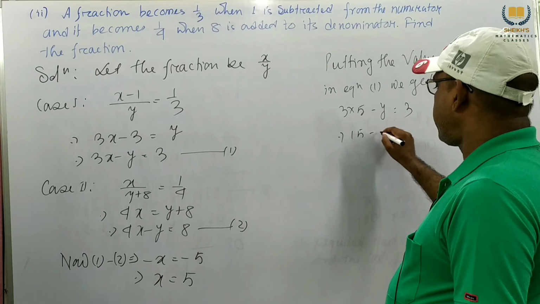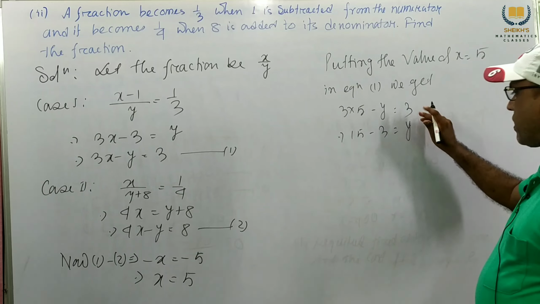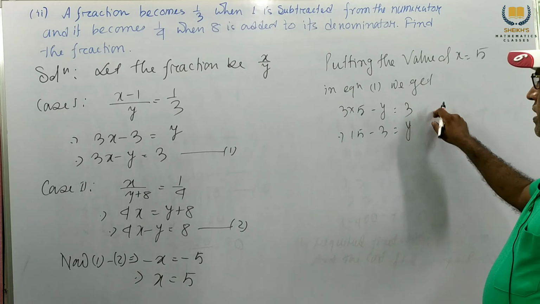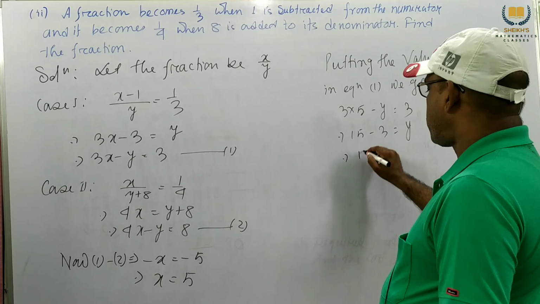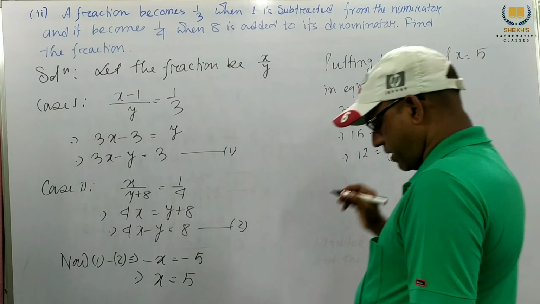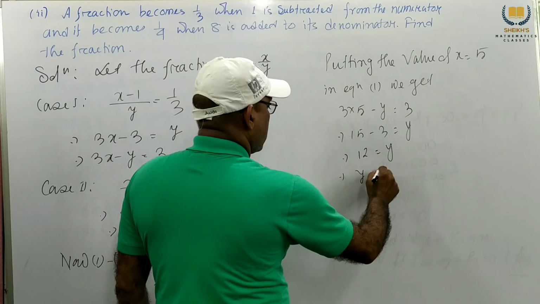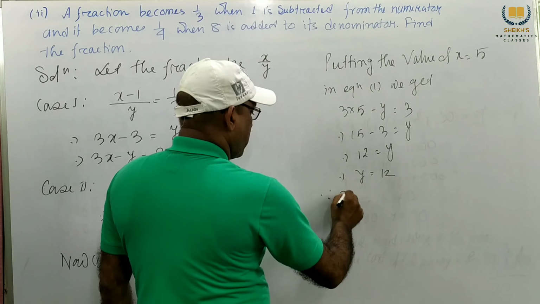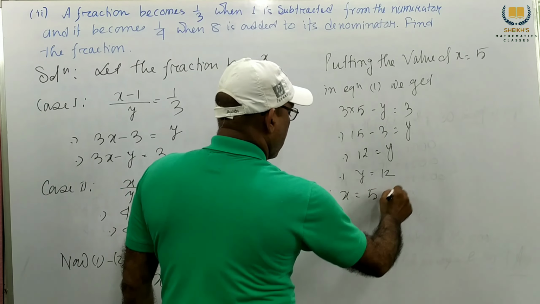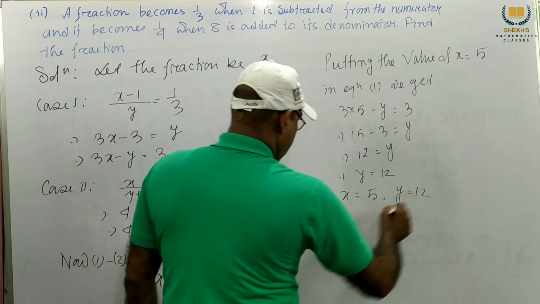So 15 minus 3 equal to y. 3 taking left hand side, y taking right hand side, and this is 12 equal to y. Therefore y equal to 12. Therefore x equal to 5, y equal to 12.